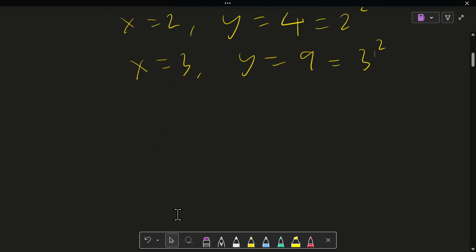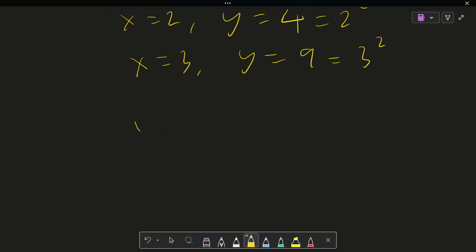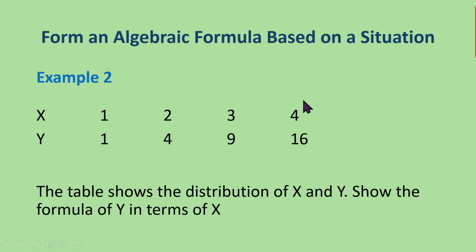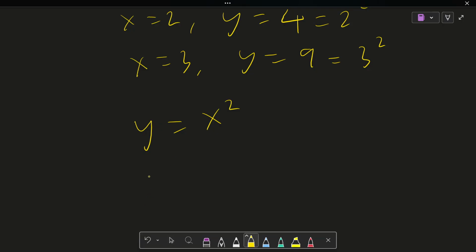So in this case, we can say that y is essentially x squared. Basically, when you substitute x into y, you get x squared. So like say when x equals to 4, y is equals to x squared, which is 4 squared, which is 16. It's in the table.